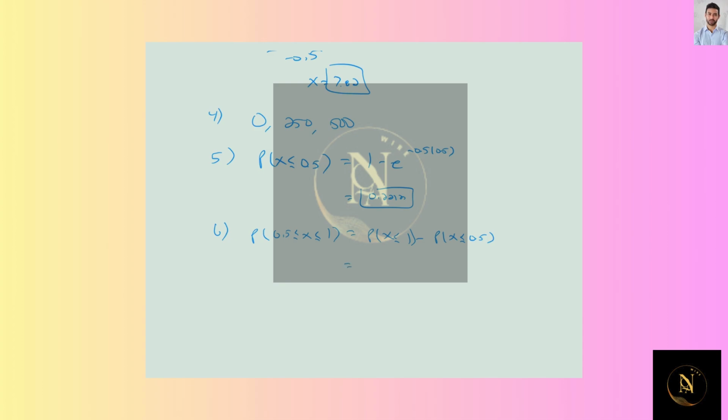And that would be 0.3935 minus 0.2212, which is 0.1723.